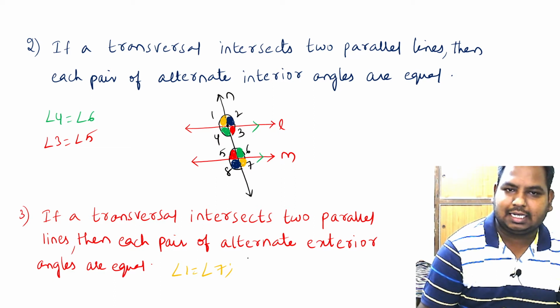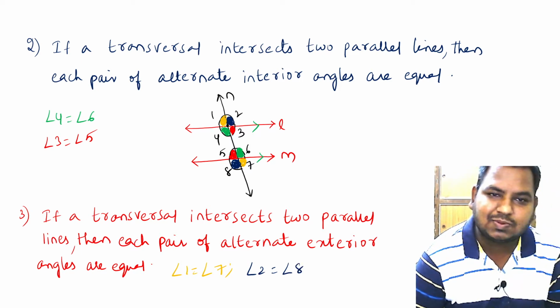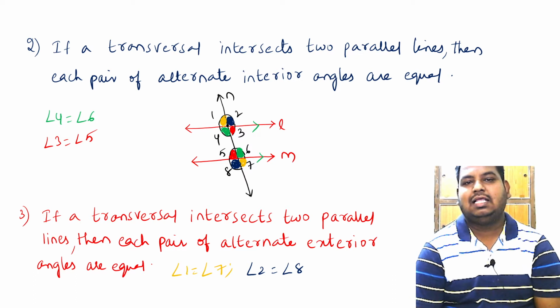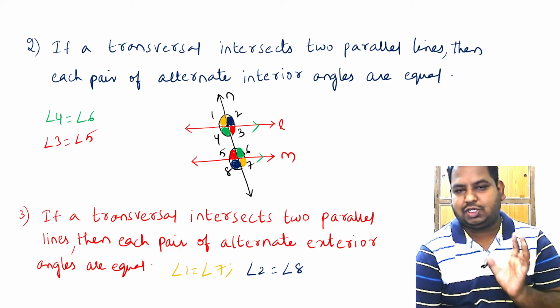So angle 2 is equal to angle 8. So what we have learned here is that if a transversal intersects two parallel lines, then alternate interior angles are equal, alternate exterior angles are also equal.